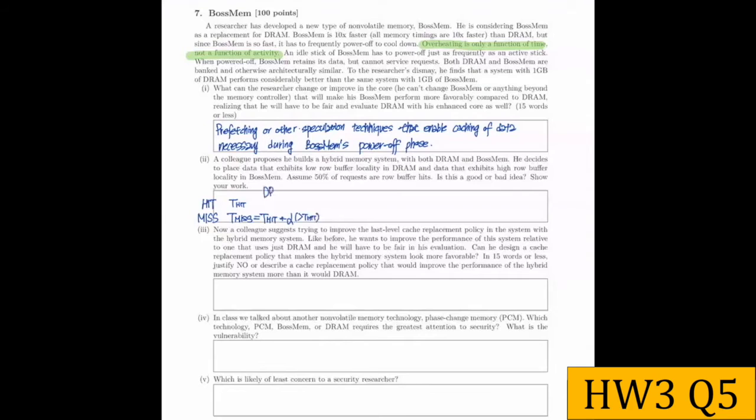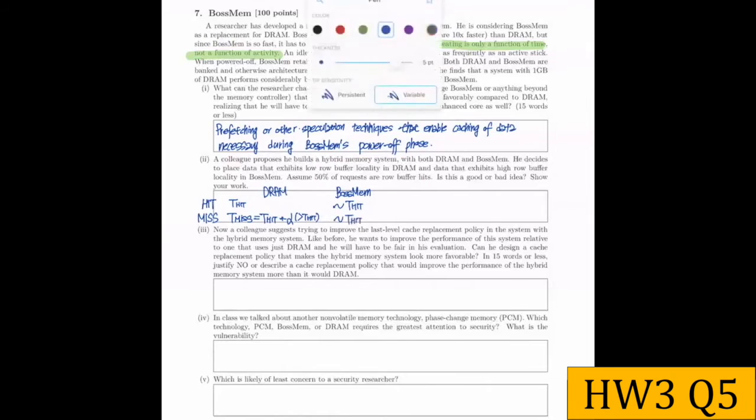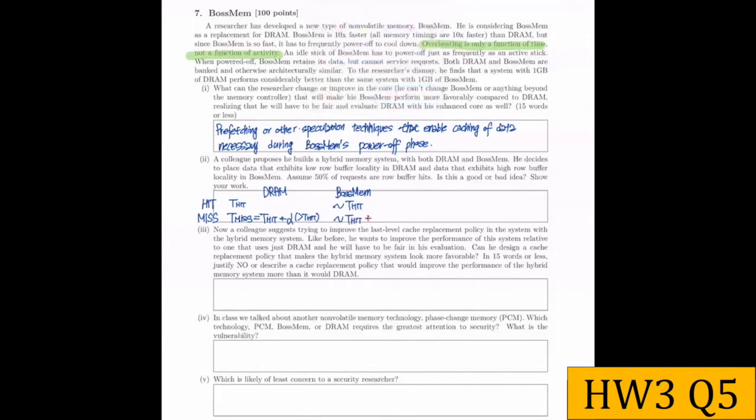So this is DRAM. And when it comes to BossMem, as explained in the question, BossMem is architecturally similar to DRAM. So its row hit latency should also be comparable to T hit, right? On the other hand, as its timing parameter is 10 times shorter than those of DRAM, its row miss penalty, which is alpha, should also be 10% of that of DRAM, right?